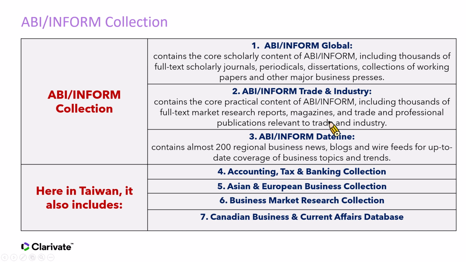All these 7 databases are available for you to use. But just keep in mind that when people talk about ABI/INFORM Collection, it's only the first 3 databases, the real ABI/INFORM Collection.